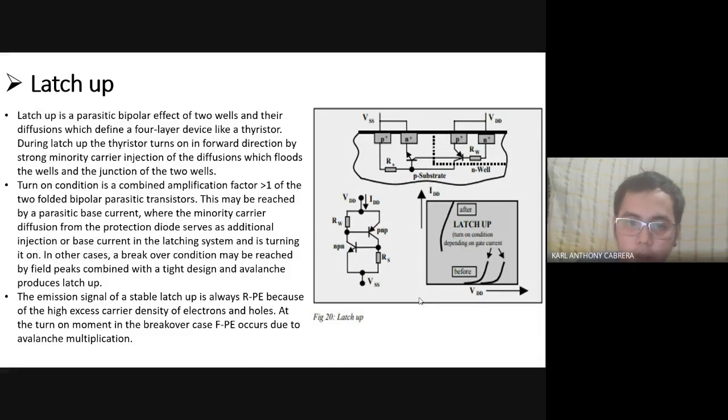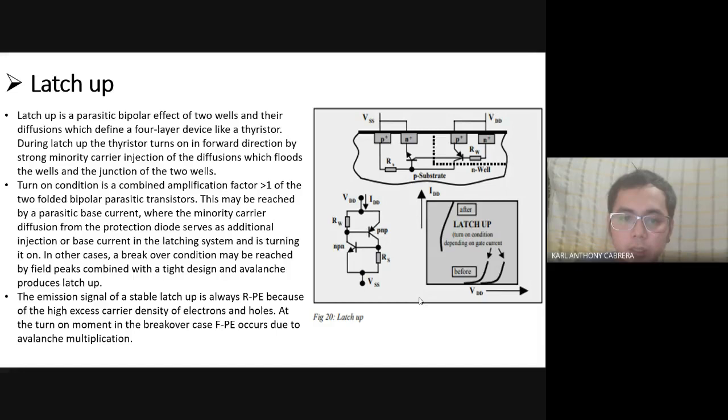Turn-on condition is a combined amplification factor greater than 1 of the two-fold bipolar parasitic transistor. This may be reached by a parasitic base current, where the minority carrier diffusion from the protection diode serves as additional injection or base current in the latching system and is turning it on.